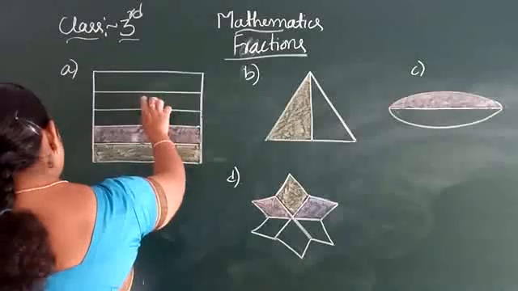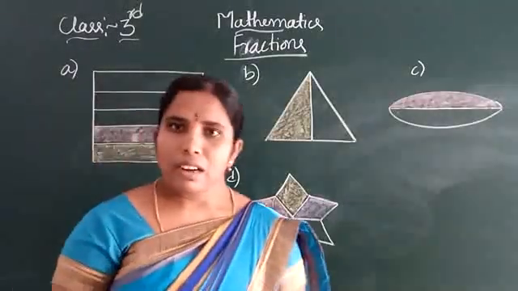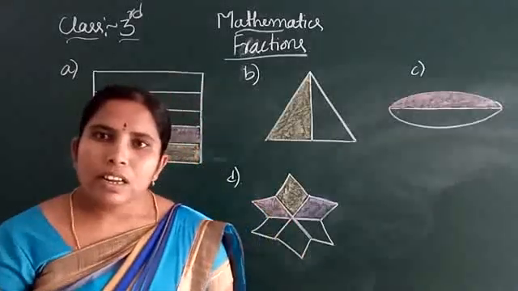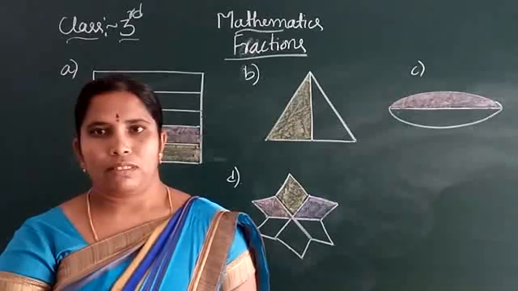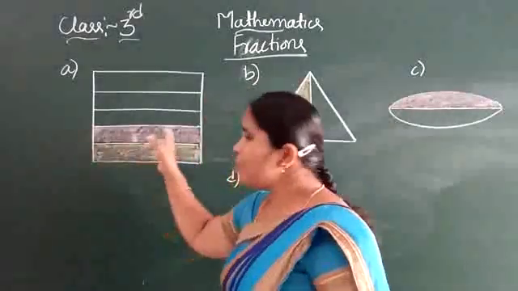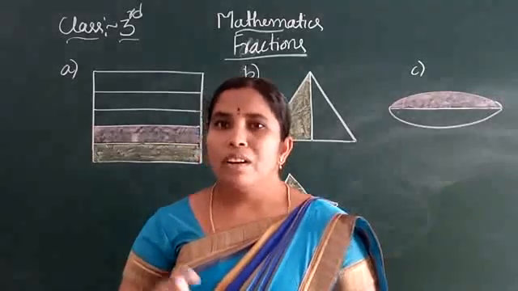See, 1, 2, 3, 4, 5. Is it right? 5 equal parts. So how many parts are we shading? Only 2 parts.